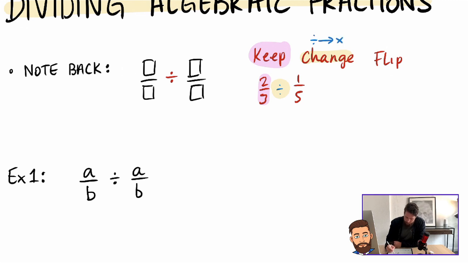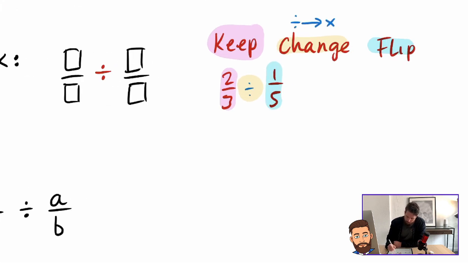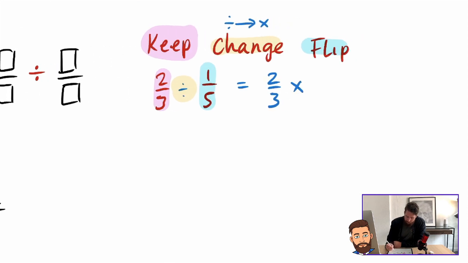And I would flip the last fraction. So what would that give me? It would give me 2/3, keep that, change the divide to a times, and then flip the last fraction. And we know this, when you times fractions, you just times across, we've just looked at it. So it'd give me 10 over 3.